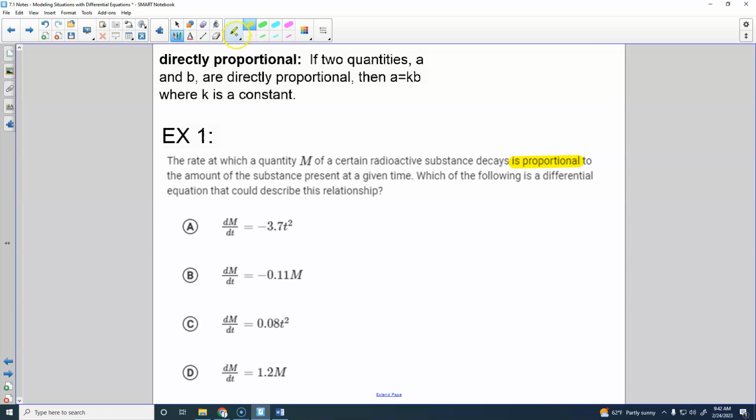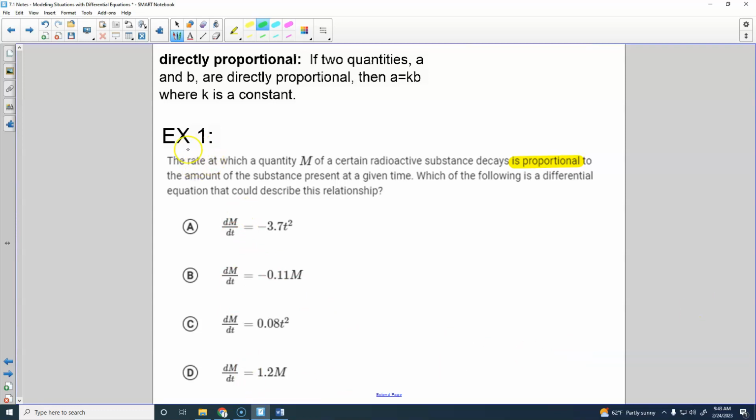So what this means is we've got some variable equal to a constant times another variable. So what we've got to figure out is what those variables are and what this will look like. You can see all of your answer choices are dm/dt's right here. So that should narrow down one of them.